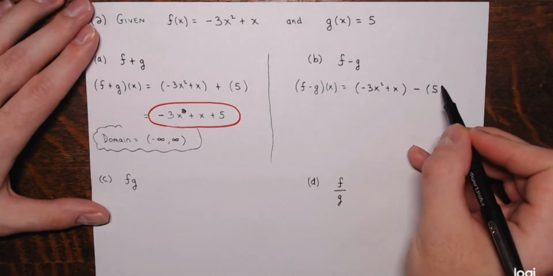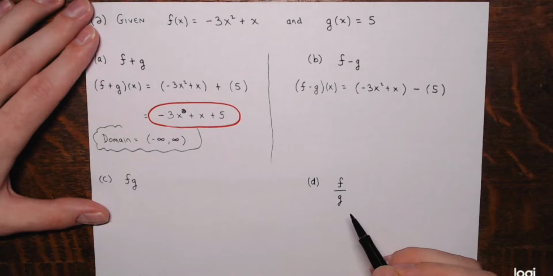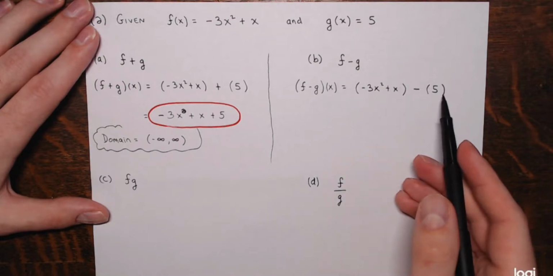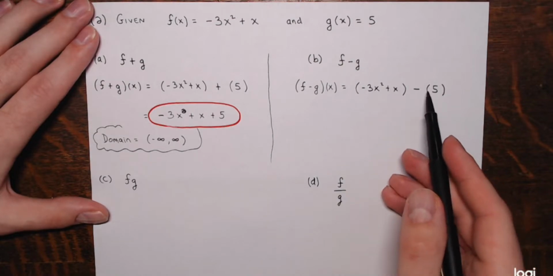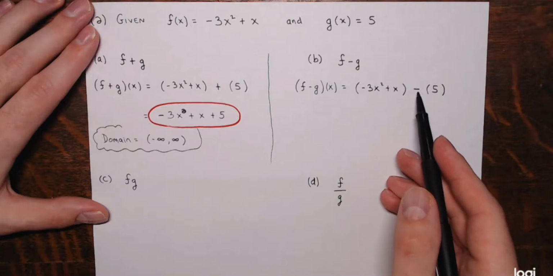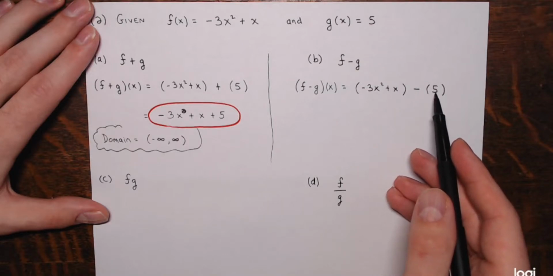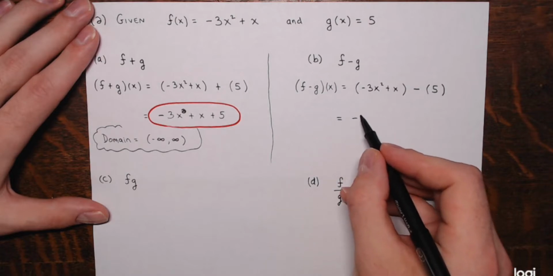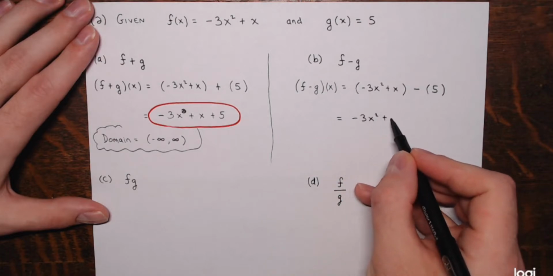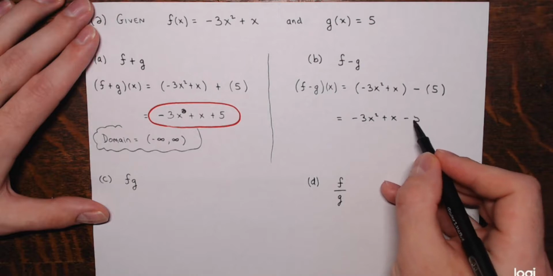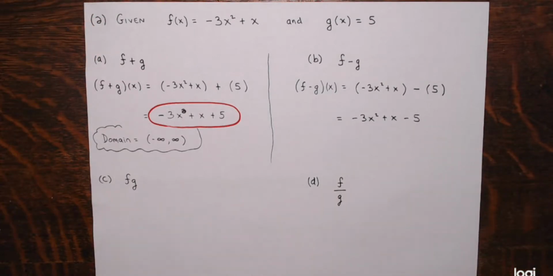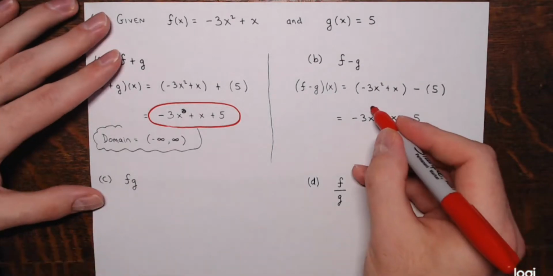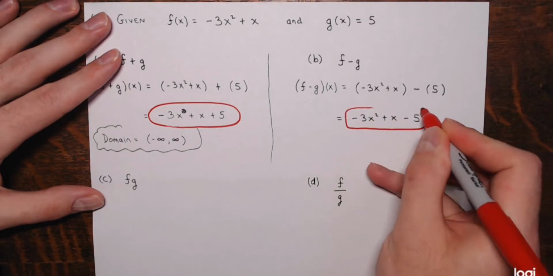Subtract 5. Well, once again, there's really nothing to do here. There's no like terms to combine. You can't really distribute the negative here because there's only one term. It's just 5. So all we're left with here is negative 3x squared plus x minus 5. And that's it. None of these terms go together. And we're done.